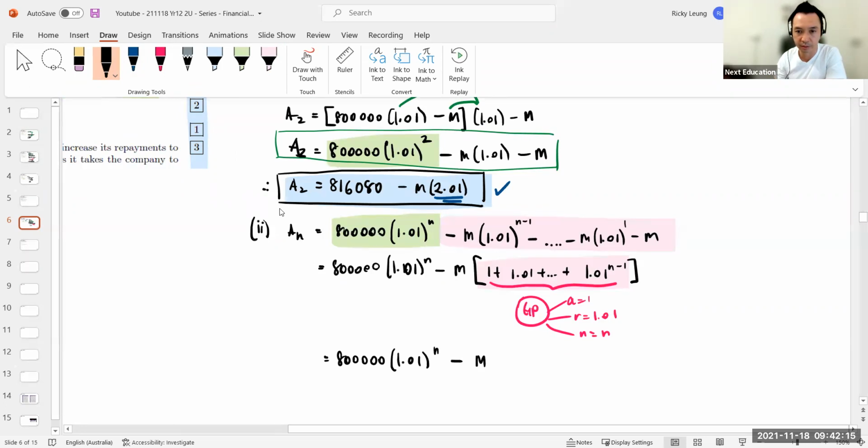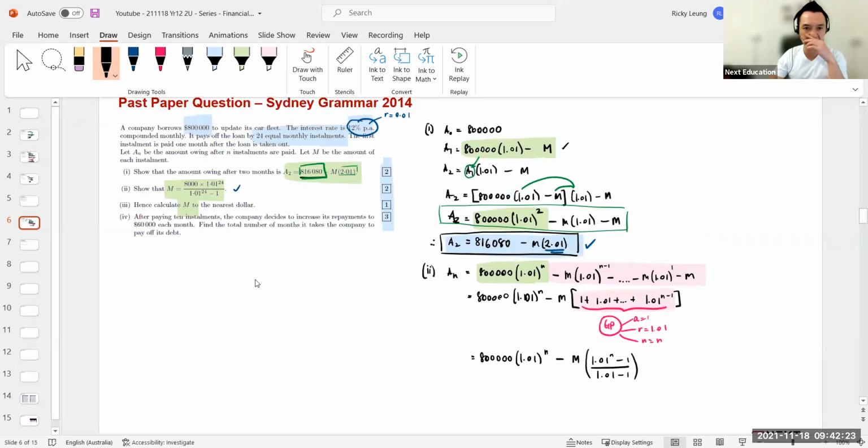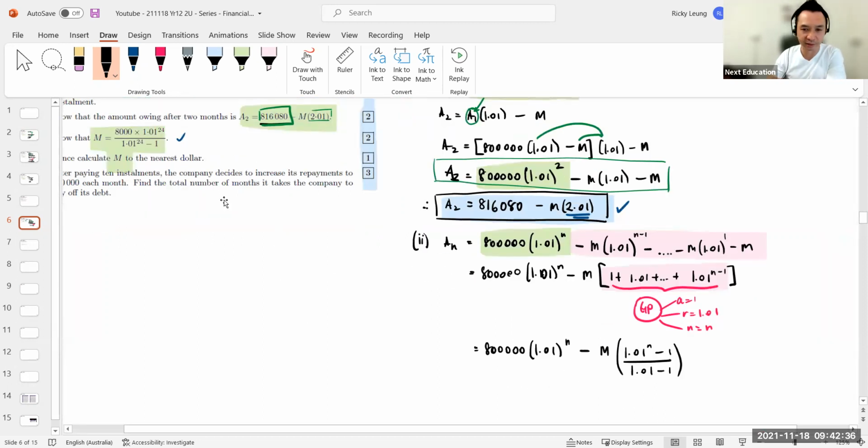Minus M, 1.01 to the power of n minus 1, over 1.01 minus 1. Let me just have a quick gander. Yep, perfect.